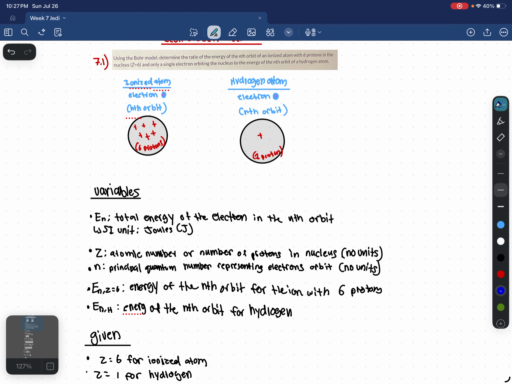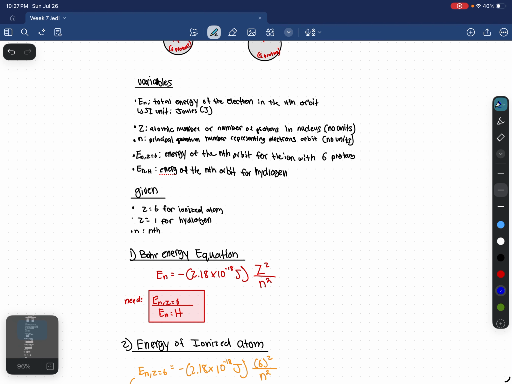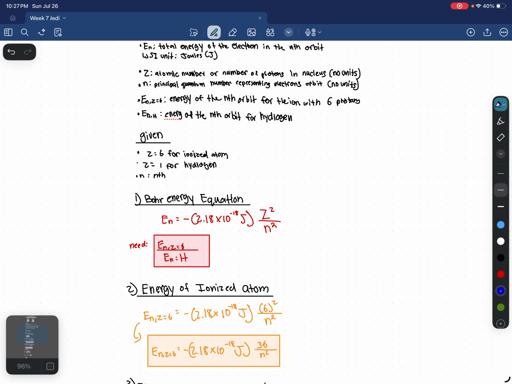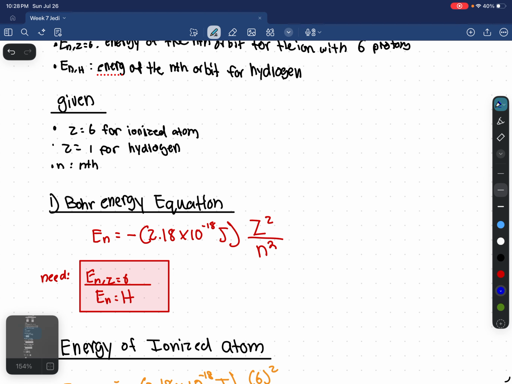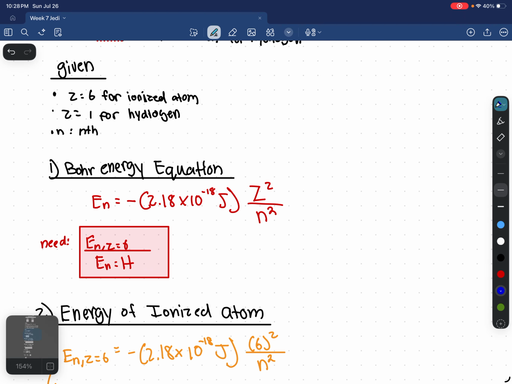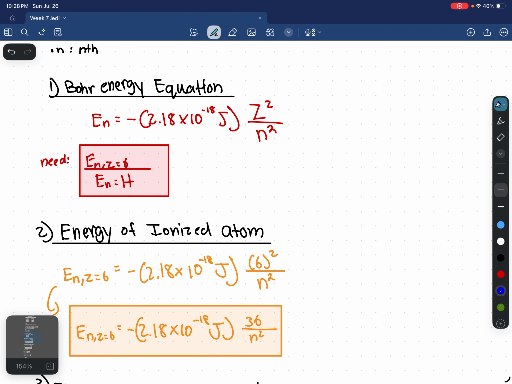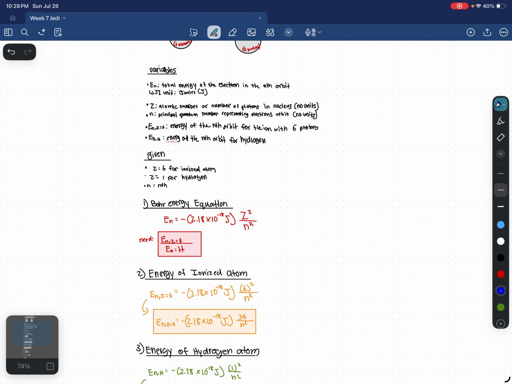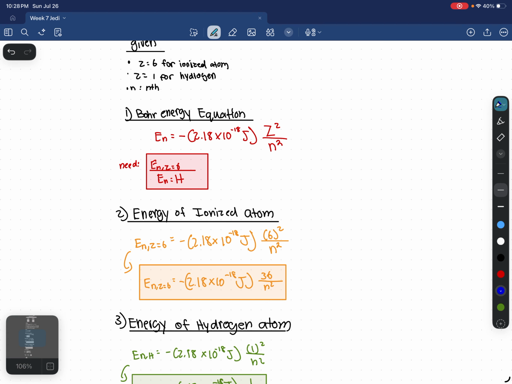So perfect. So this is our whole thing. So our step-by-step: first we identified the general Bohr energy formula, right? The Bohr model shows that an electron's energy depends directly on the square of the nuclear charge, Z squared, right here, pulling on it, and inversely on the square of the orbit index, which is n squared on the bottom, right? And then we expressed the total energy for both individual systems.